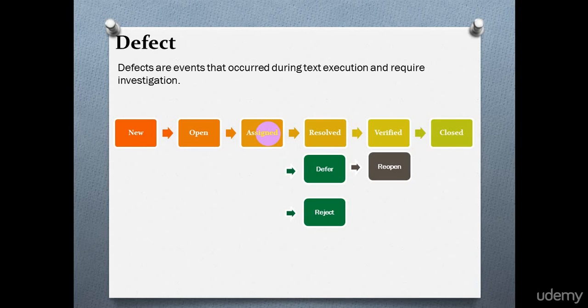And if the defect still resides, then he will reopen the defect. So these are all the different statuses available for a defect: new, open, assign, resolve, defer, reject, verified, reopen, and close.